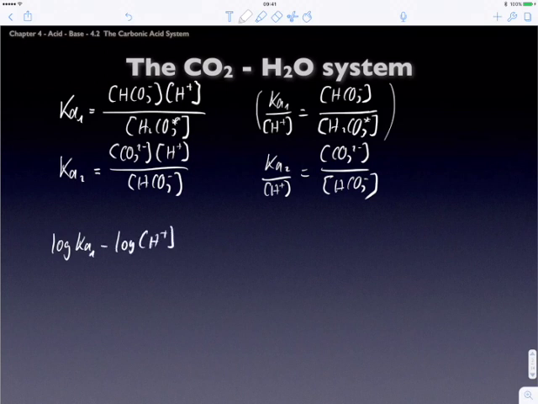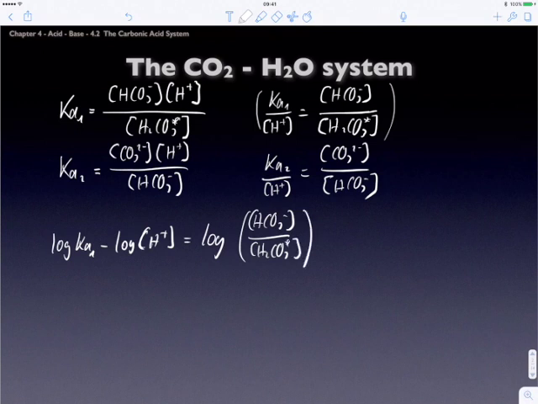You know that the log of A divided by B equals log of A minus log of B, equal the log of HCO3- divided by the carbonic acid concentration. And so you understand that this is the pH, and if I'm moving that here, it's going to be minus log of Ka, it's going to be the pKa.